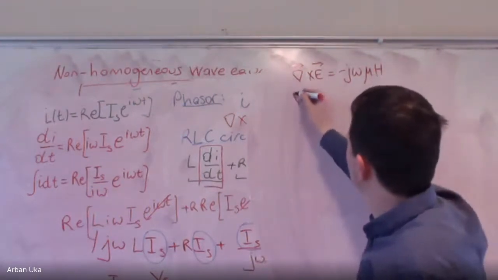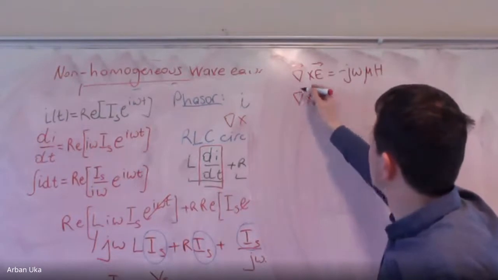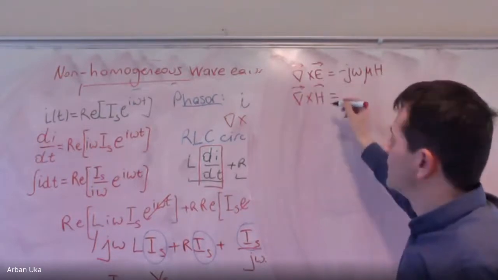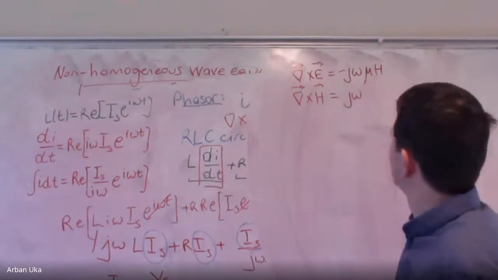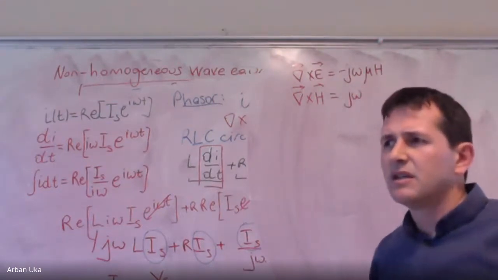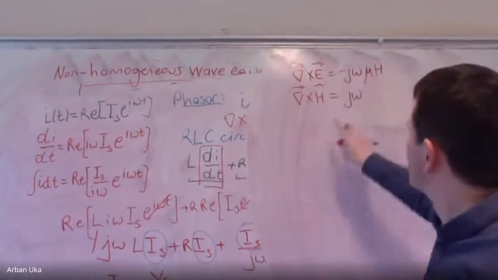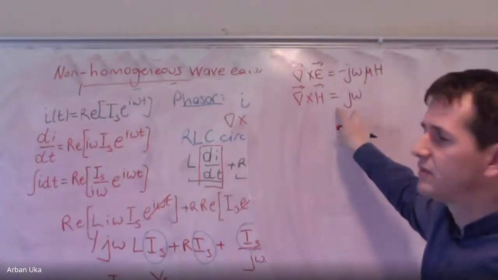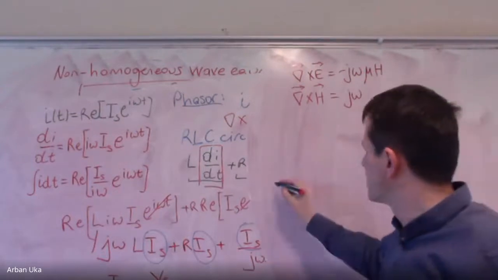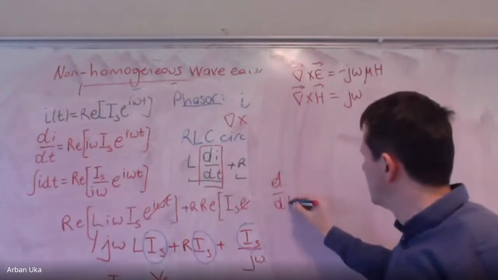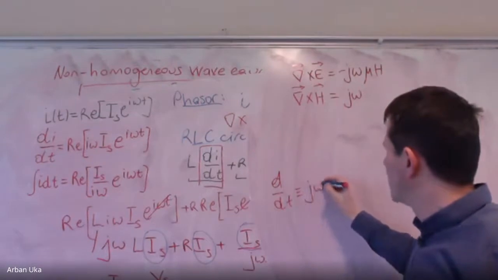The second curl, the curl of the magnetic field intensity, for sure we have j omega. But this is the time change, so this j omega represents the time derivative. In phasor notation, d over dt is equivalent to j omega.